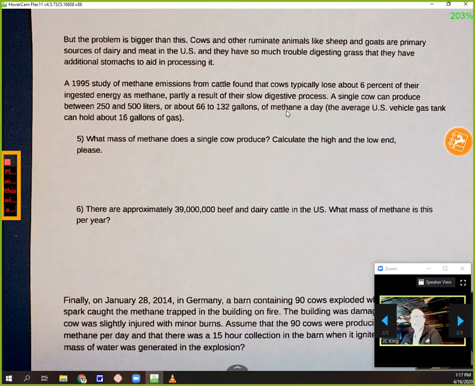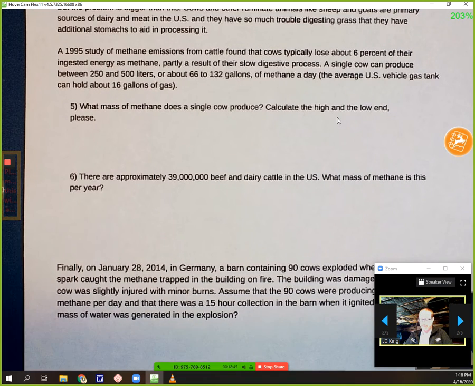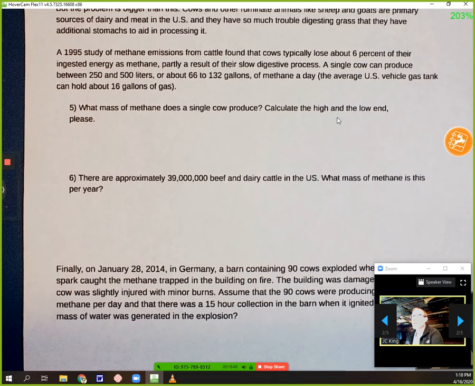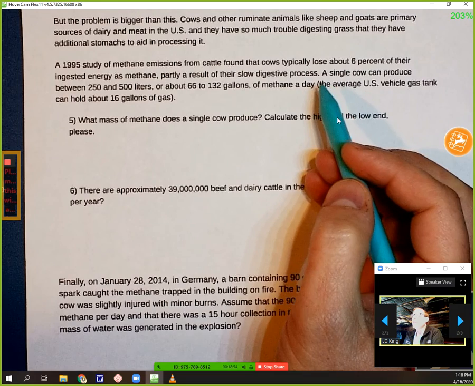So it wants us to know what mass of methane a single cow produces, and I'm going to go per day. So it wants us to calculate the high and the low end. So we're going to be starting with 250 and 500 liters of methane a day.